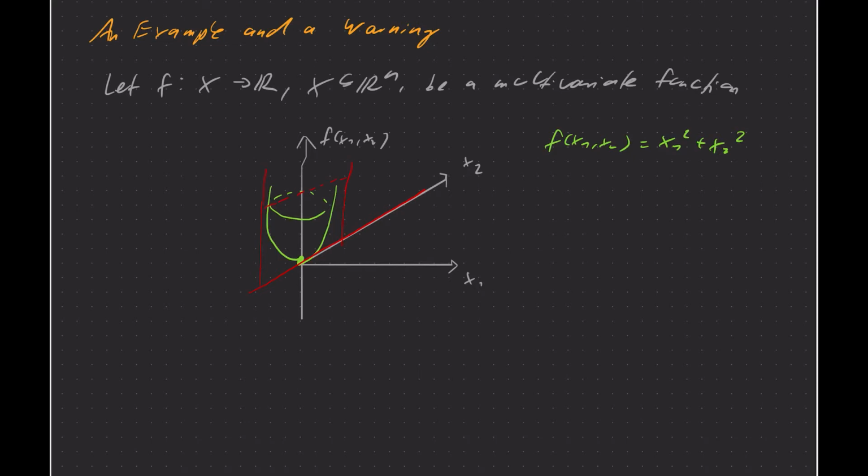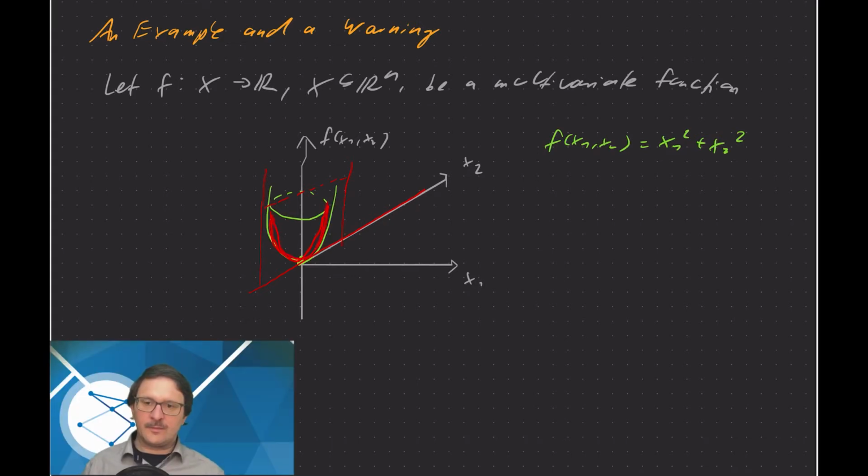What happens? Basically what we're getting is just a parabola, a one-dimensional parabola in that plane. So we kind of have a one-dimensional section of that function here. And of course we can do that with every possible direction. In this case, the result will always be a parabola because that function is rotation symmetric. So however you rotate that direction, it doesn't change much.